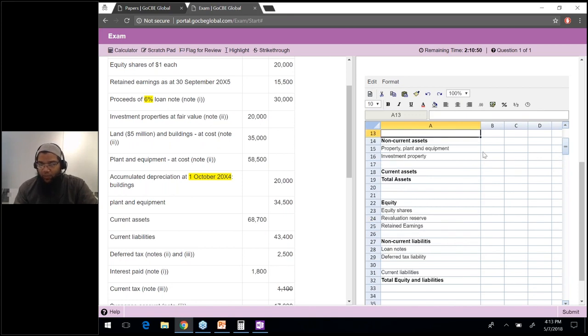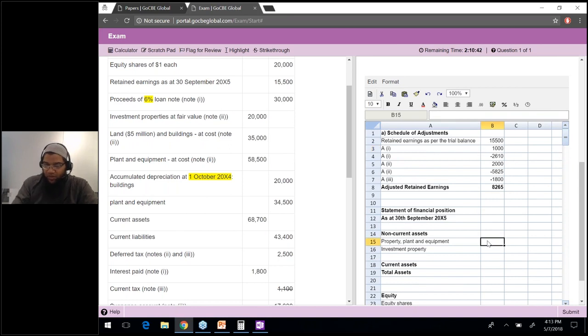Now, if I see the property, plant, equipment, the value of property, plant, equipment in the question was 35,000 minus 20,000, which is actually 15,000. So I've incorporated this.